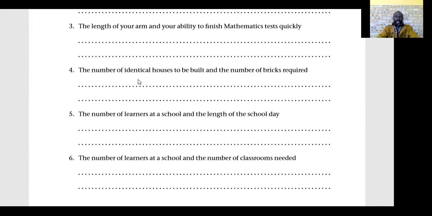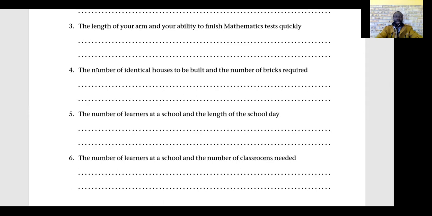It's very much like when you look at the estates around where you live: the more the number of houses inside, the more the number of bricks, because each house requires bricks. So how many quantities do we have here? Two quantities.